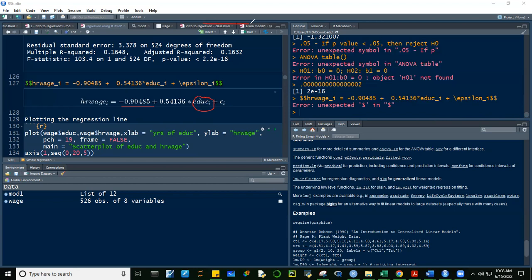Ano ibig sabihin is equal to 0? Walang years of education yung tao. So, ibig sabihin nun guys, negative 0.9 yung hourly wage niya in dollars. Siya pa yung magbabayad sa company. Okay? So, yung intercept natin guys, it becomes ridiculous, no? It becomes ridiculous kung titingnan natin, okay? So we don't put so much emphasis guys on the interpretation of the intercept.